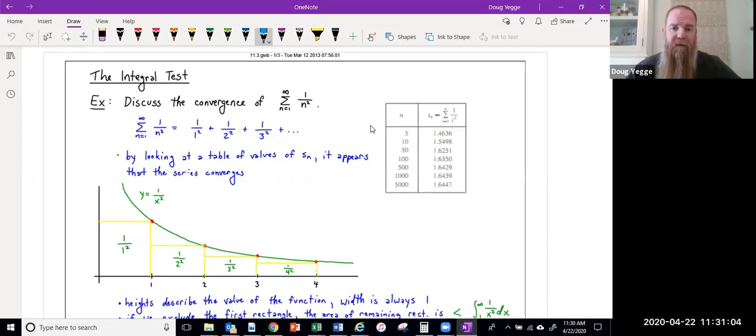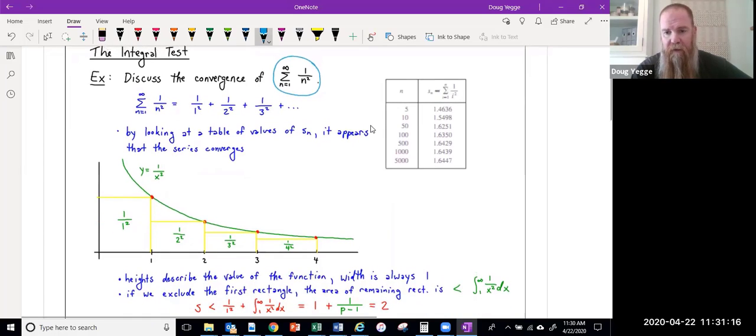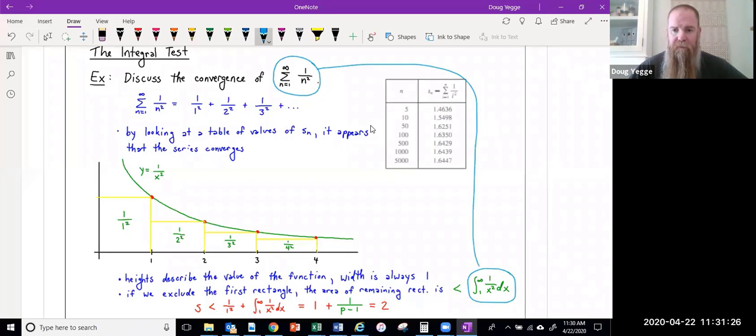What if instead of trying to determine the sum of this, we tried instead to determine the integral of 1 over x squared dx. So look at the relationship here. Okay, they're both saying to go from 1 to infinity. They're both talking about basically the same function.